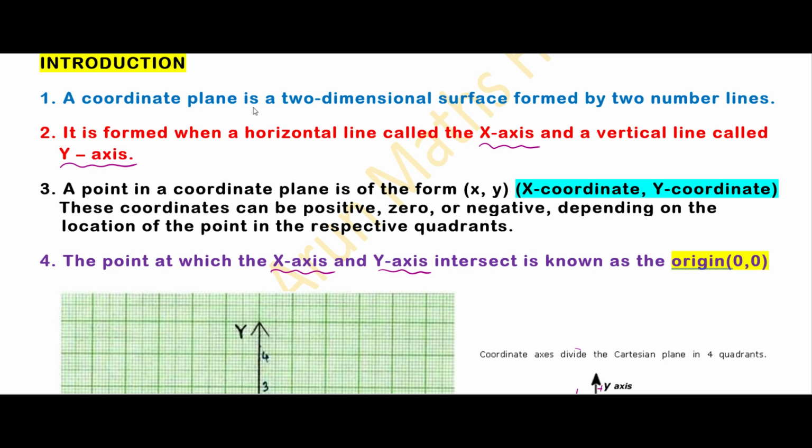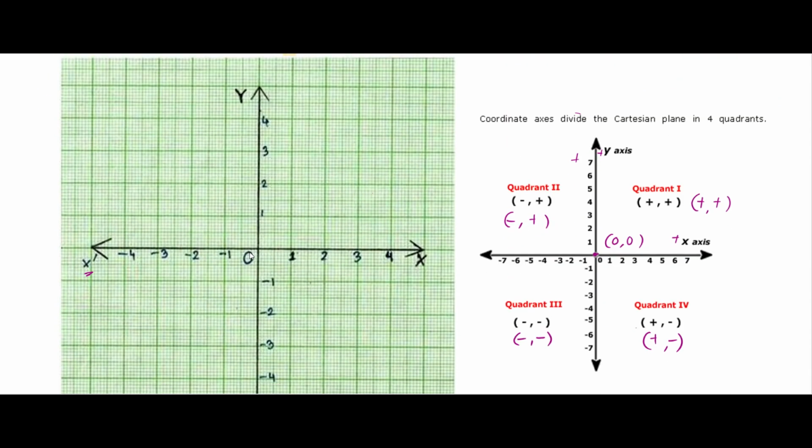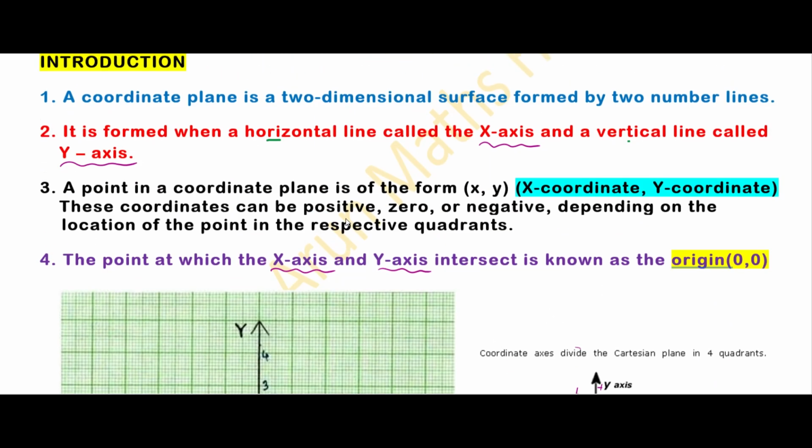Students, we will do a small recap before moving to the next concept. Coordinate plane is a two-dimensional surface formed by the x-axis and y-axis. X-axis is the horizontal line, whereas y-axis is the vertical line. The intersection of the x-axis and y-axis is the origin.